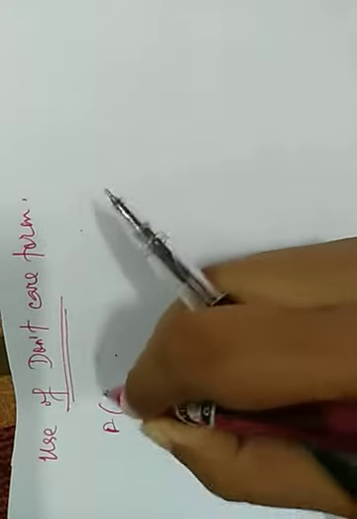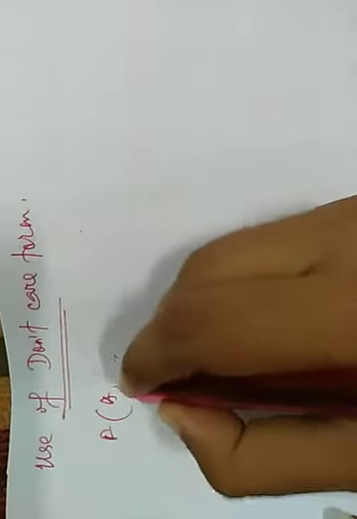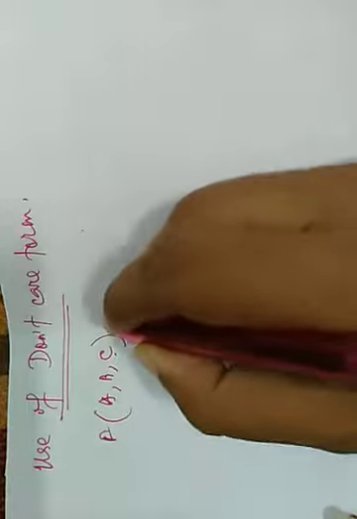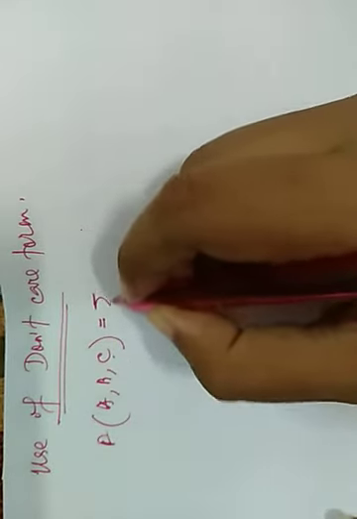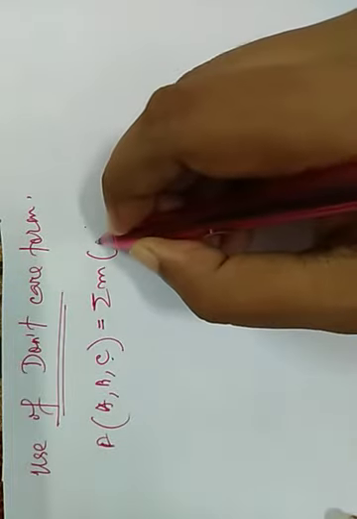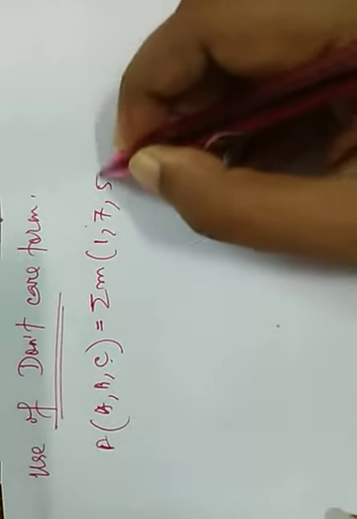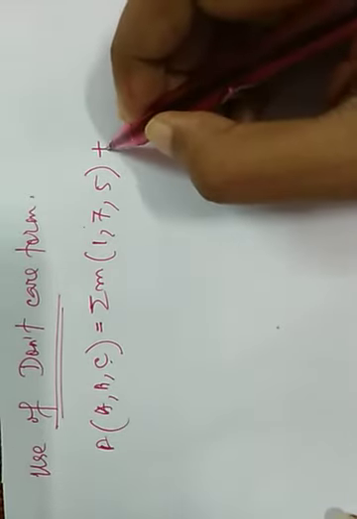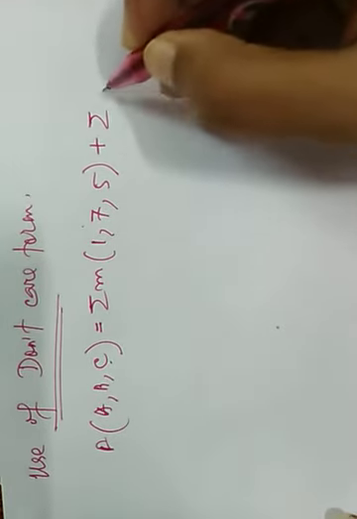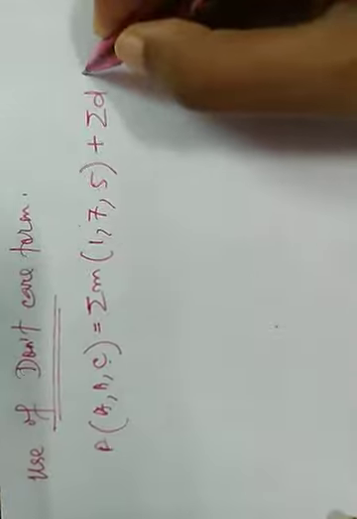So let us see an example. Suppose our example is, for A, B, C, three variables, the min terms are 1, 7, 5 plus the don't care values, which should be written like this.